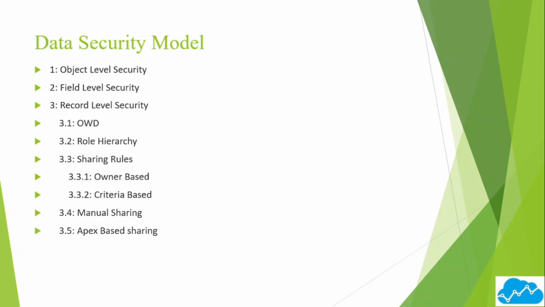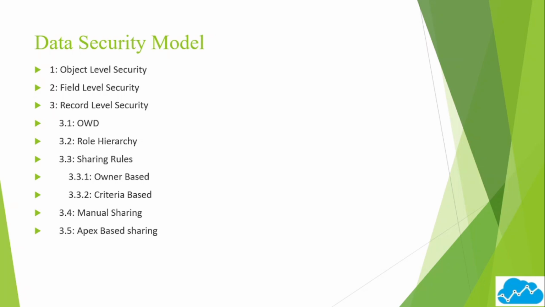So let's again just revise what the data security model is. In that we have object level security, field level security and record level security. Already we had seen object level security and field level security. Today we are going to explore record level security.